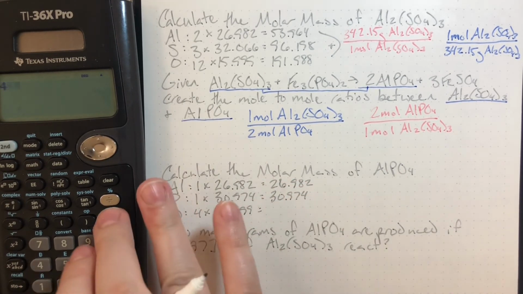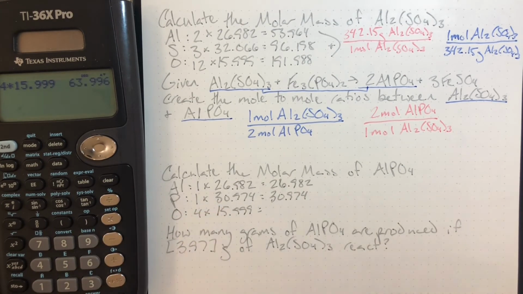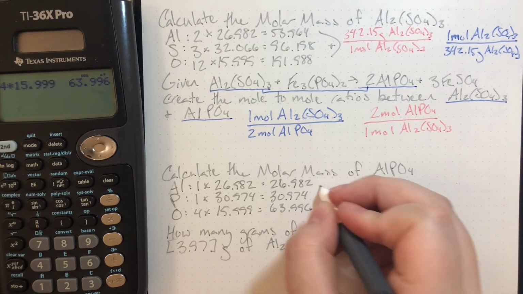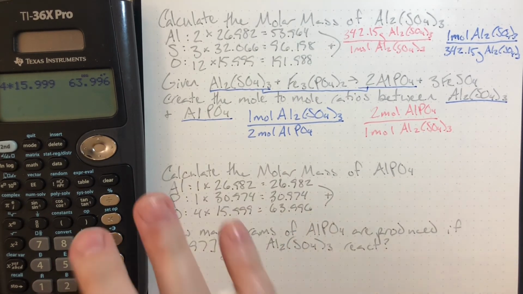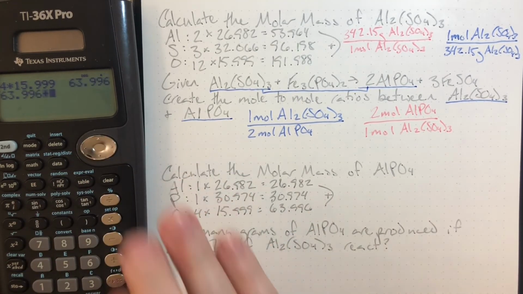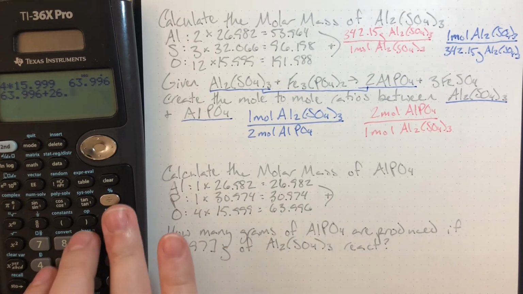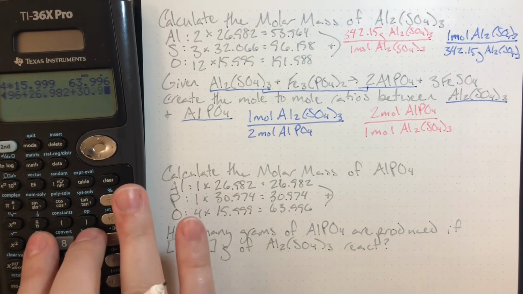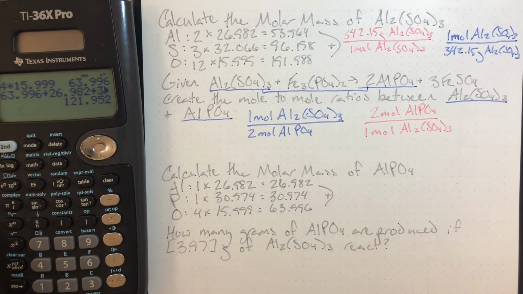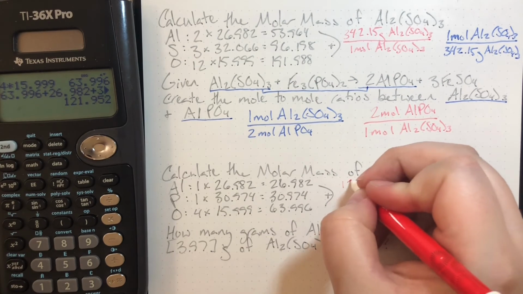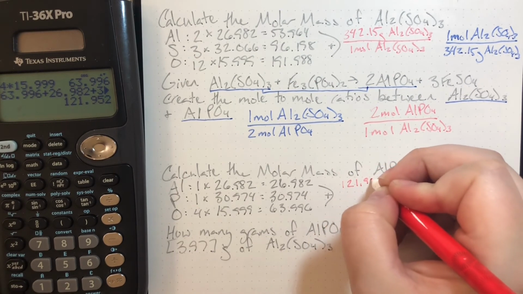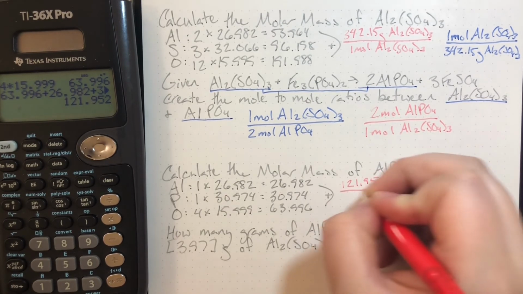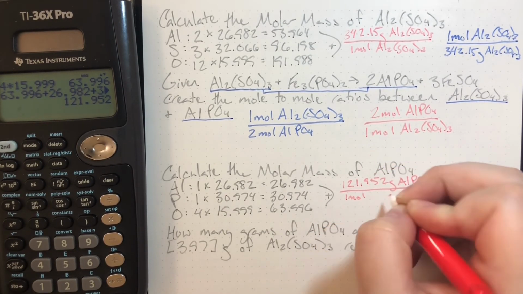4 times 15.999 gives you 63.996. When I add all of these up, I will get 121.952 grams of aluminum phosphate for every 1 mole of aluminum phosphate.